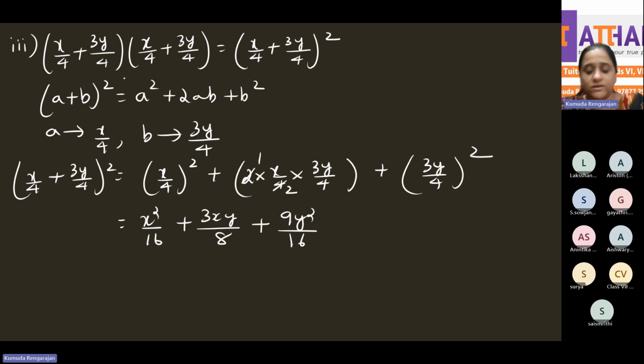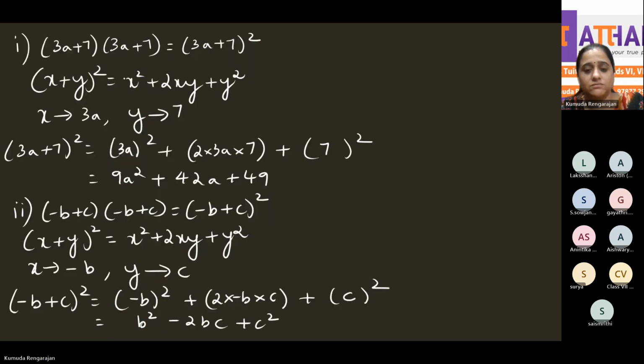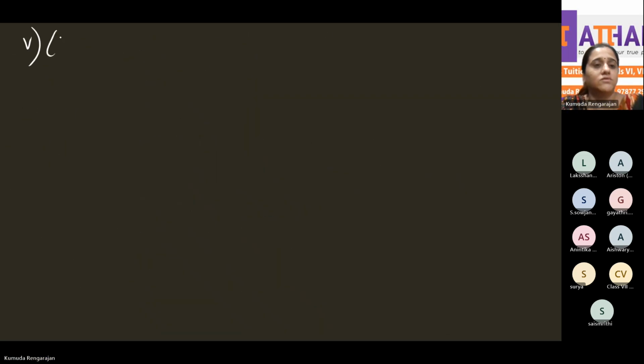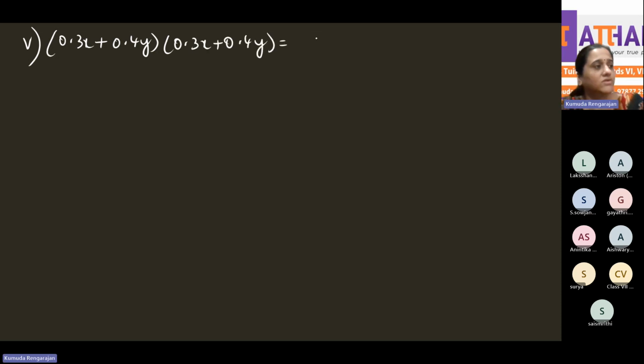Somebody else here? (0.3x + 0.4y) into (0.3x + 0.4y). So it is equal to (0.3x + 0.4y) the whole square, correct?